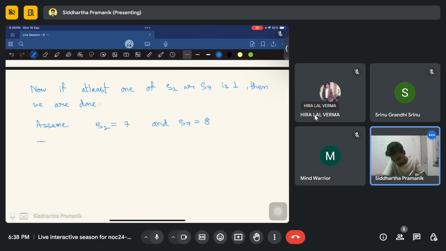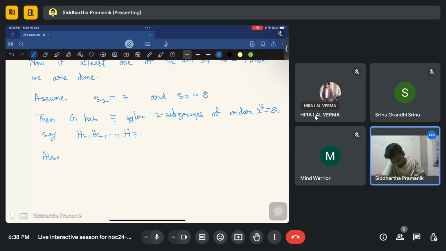So then G has 7 Sylow 2 subgroups of order 8. Let's put names for them: H1, H2 up to H7.